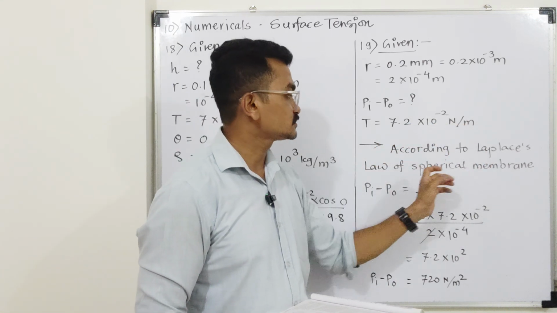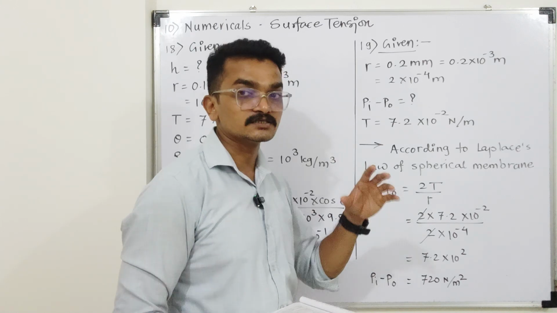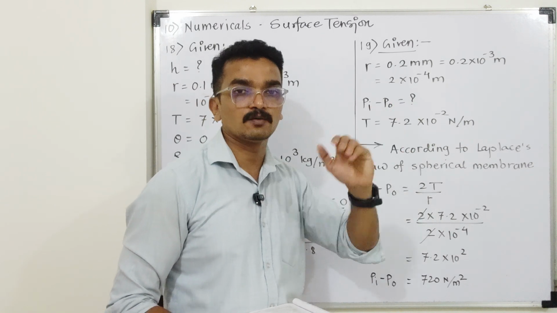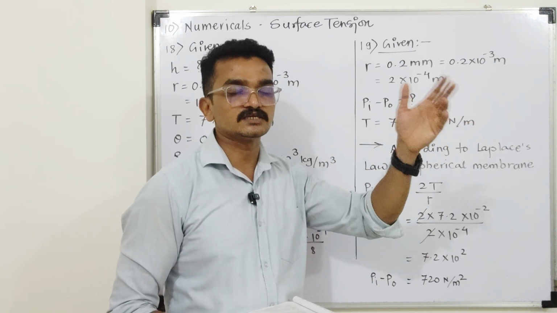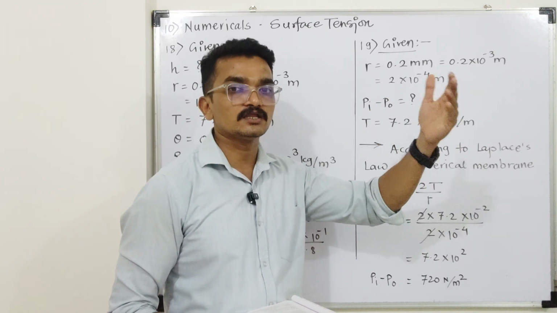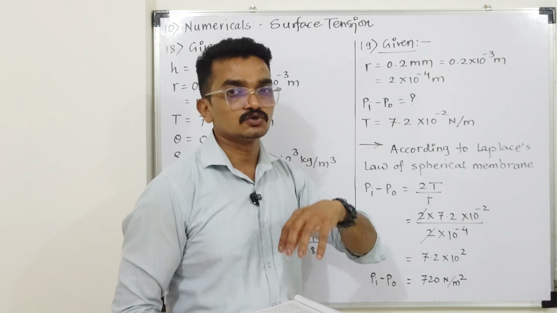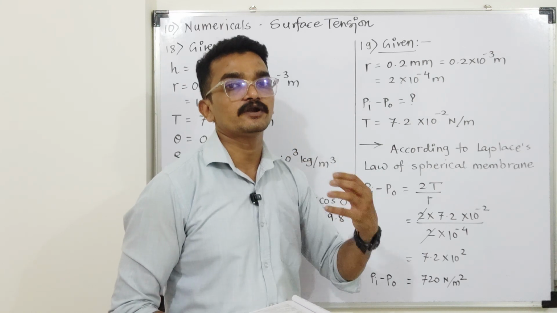So according to Laplace law of a spherical membrane, we have the formula for the drop. In case it is a bubble, for the bubble we take the formula as 4T upon r. But when the bubble is outside the liquid surface, it has two surfaces which are in contact with air, that is outside and inside. But in this case this bubble is inside the liquid, so only its inner part is in contact with the air.